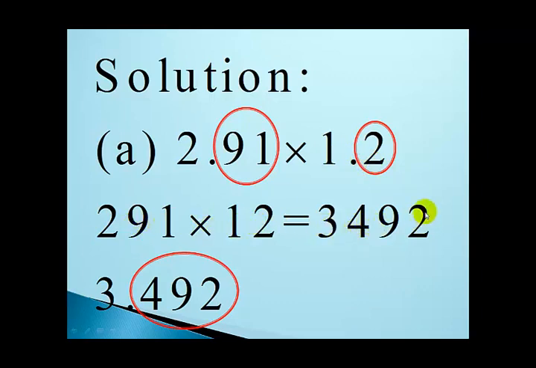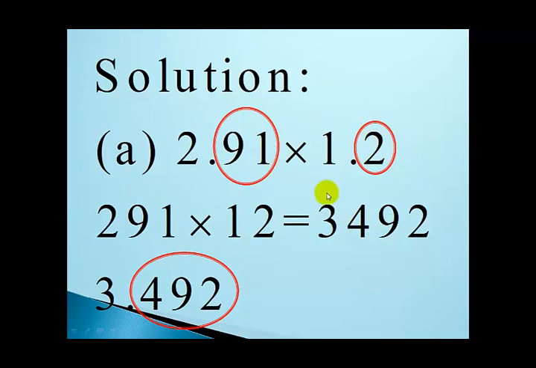Now after multiplying the whole numbers, that is 291 and 12 to get 3,492, we now count the decimal places. The decimal place here is 2. The decimal place here is 1. So together we have 3 decimal places.